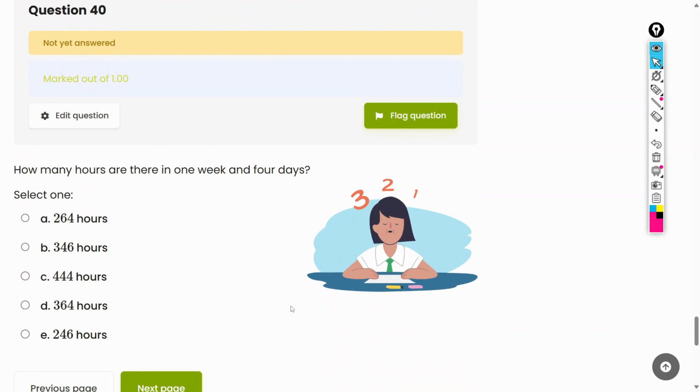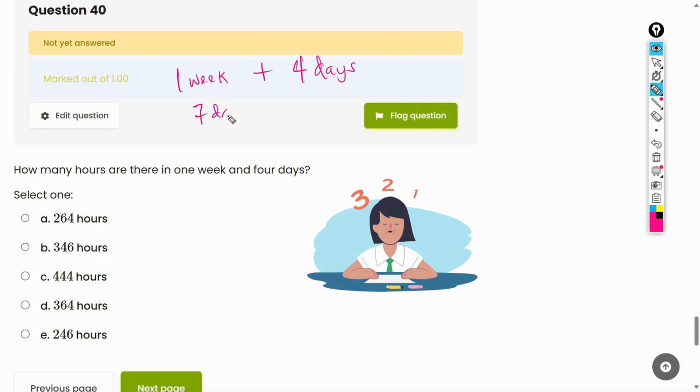Question 40. How many hours are there in 1 week and 4 days? So 1 week plus 4 days. Because to be able to add, we should change both of them to same units. So we change weeks. Since weeks are bigger, we change from weeks to days. In 1 week, we have 7 days.